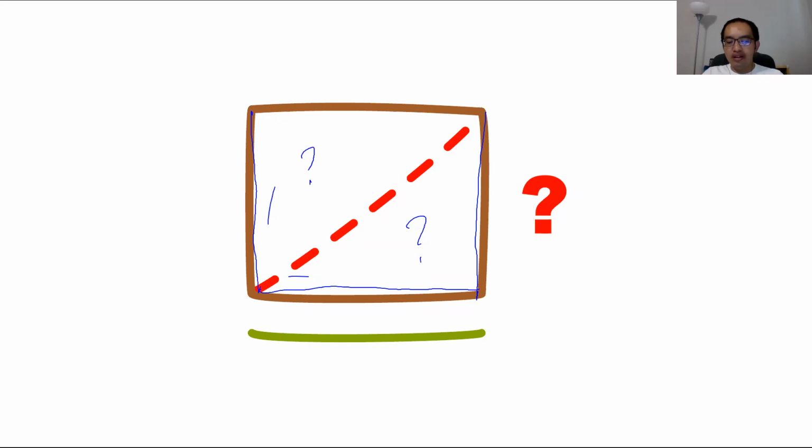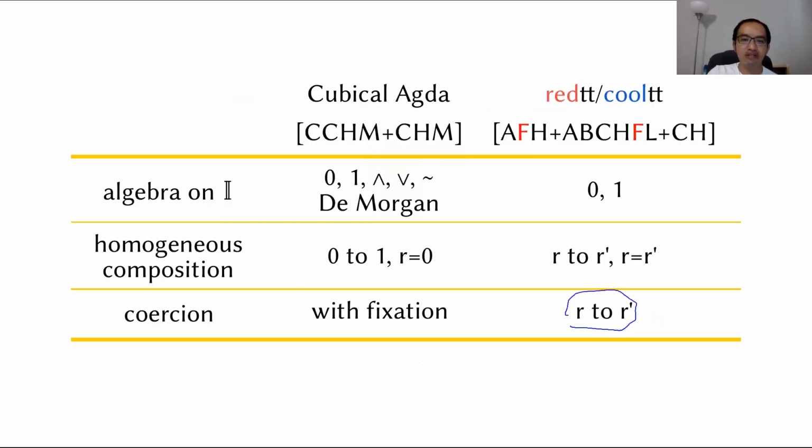But also, I think this intuition or visualization might help you discover new variants of cubical type theory that might work better. Anyway, I would like to stop here, go back to this summary table, and take questions.